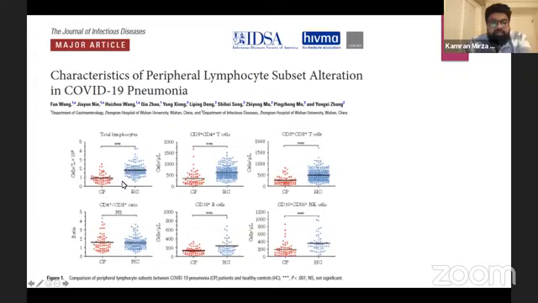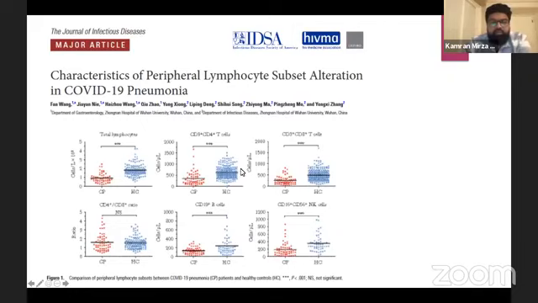So here we see that peripheral lymphocyte subsets are definitely altered. If you think of all total lymphocytes, healthy controls have a higher number of total lymphocytes, and this is statistically significant compared to the lymphopenia that is seen in patients with COVID pneumonia.